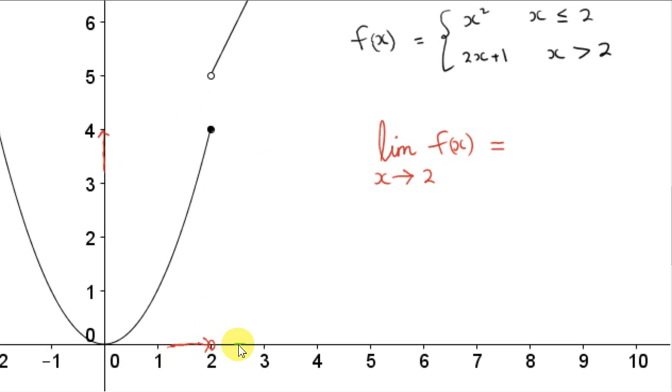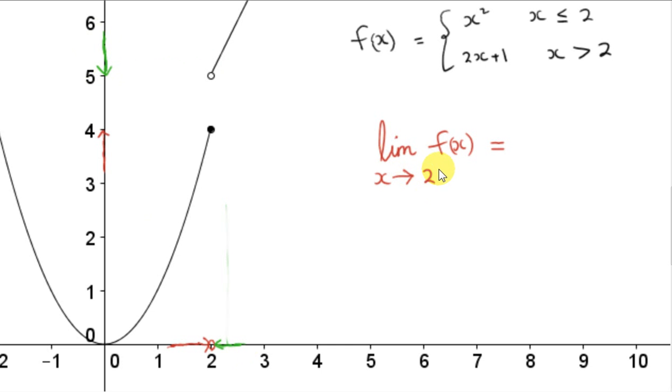However, if x approaches 2 from the right, approach means never reaches 2, but we can get as close as we like to 2 without reaching 2, then if we go up to the graph for these values of x that are greater than 2, and get f of x, we get values of f of x that are greater than 5. So it appears that as x approaches 2 from the right, f of x approaches 5 from above.